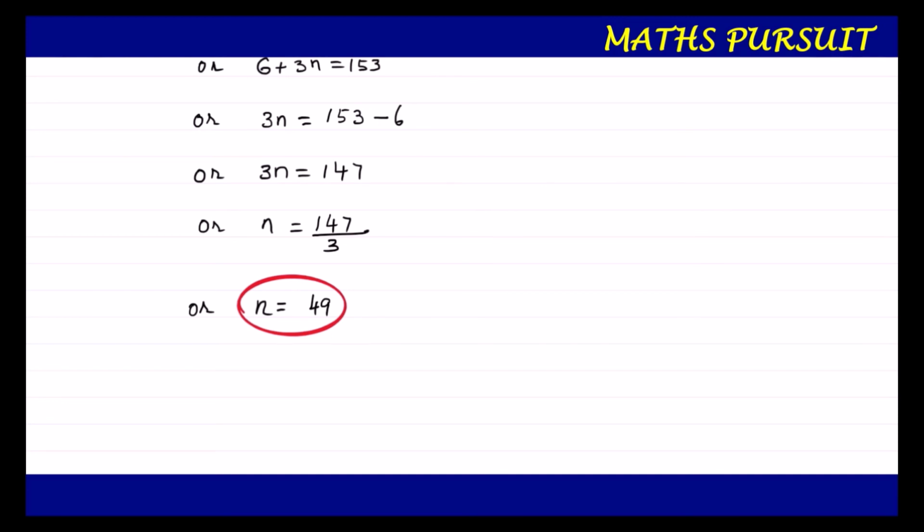So we can say that the 49th term of the given arithmetic progression will be 39 more than its 36th term.